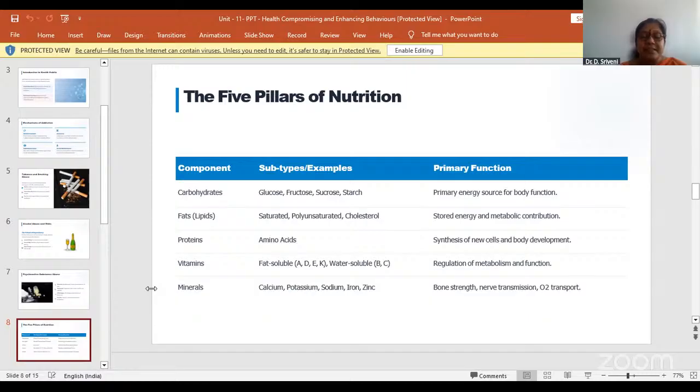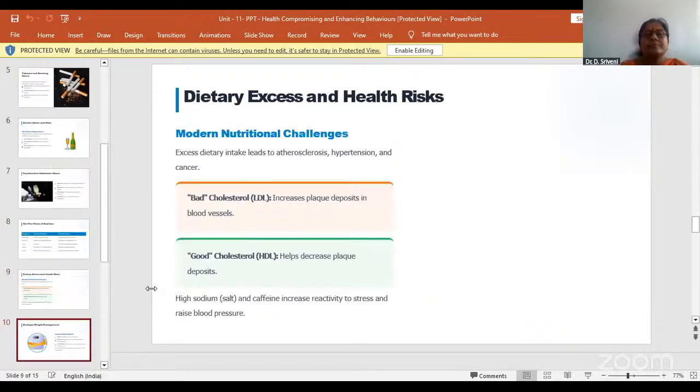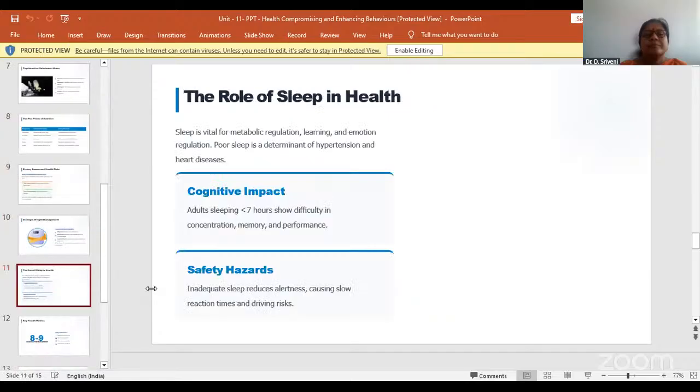These substances interfere with neurological functions and damage vital organs, serving as a primary source of chronic health problems. Inadequate sleep is also a problem. Chronic sleep deprivation impairs cognitive function, emotional regulation, and the body's immune response.